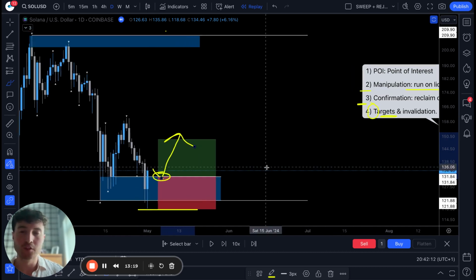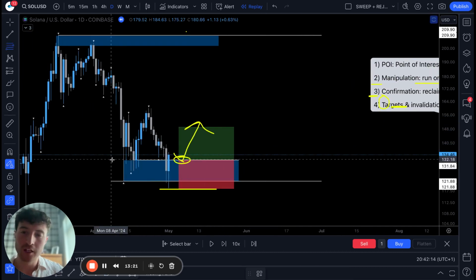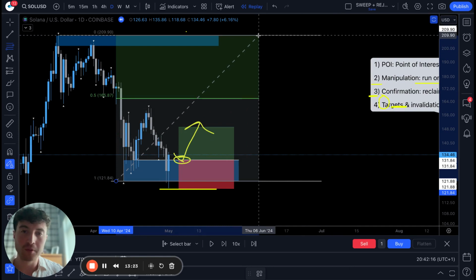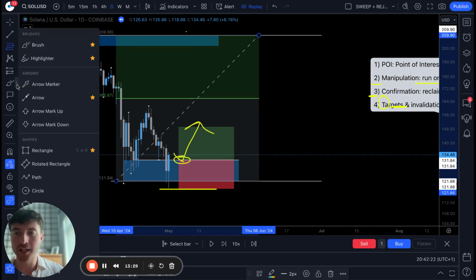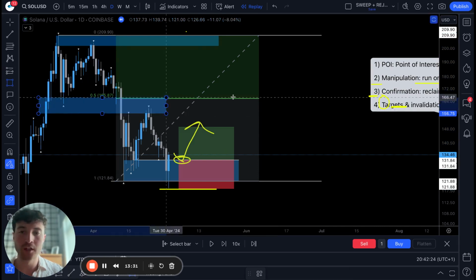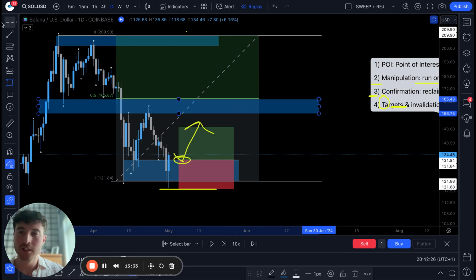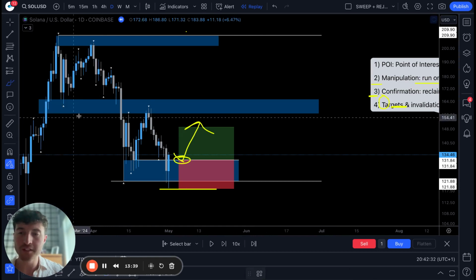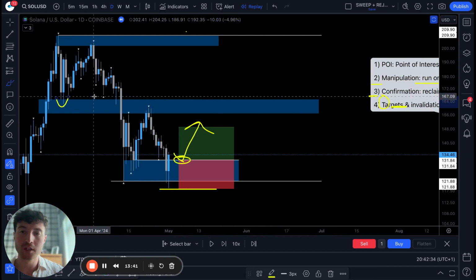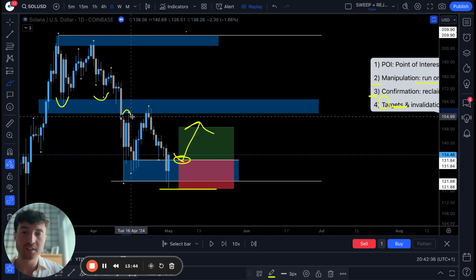Okay, in terms of targets, as we discussed, you've got a 50% correction of this range, so the midpoint of this range, which will tie in, you can see, with this horizontal here. So within this area, you can see that ties in around the midpoint of this range. So here, you can see this area acted as support, resistance.